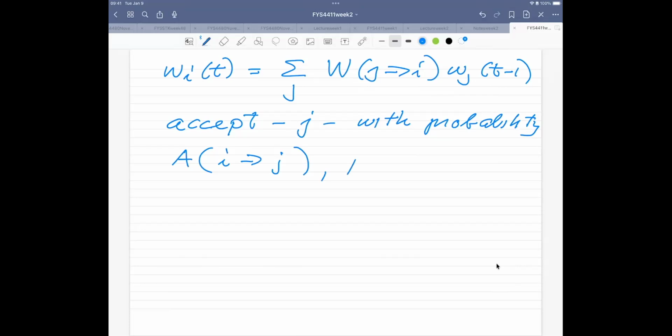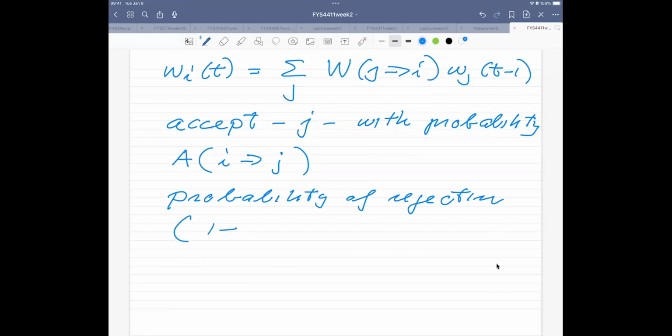But then I also have a probability of rejecting. And then the probability is actually has to be given by 1 minus A of i going to j.